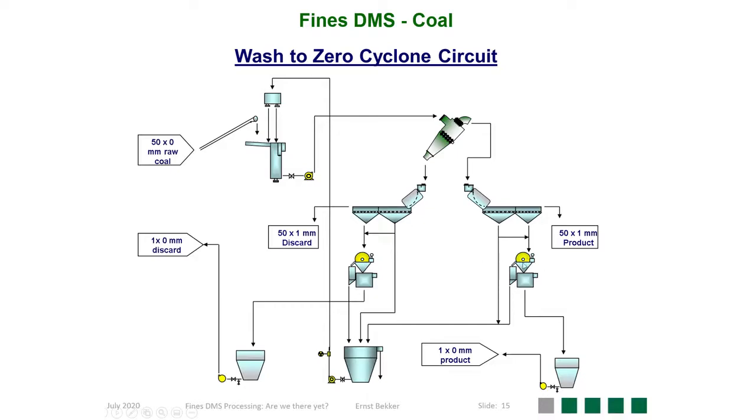The magnetic separators recovered the media, and the effluent of the magnetic separators became then the fine product, with the discard section in this coal application moving to the discard side, and then the floats, which is a product in coal, producing then a 1/0 mm product.